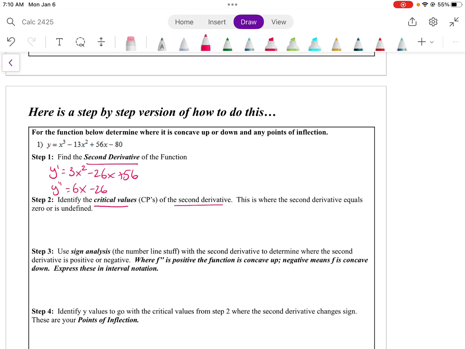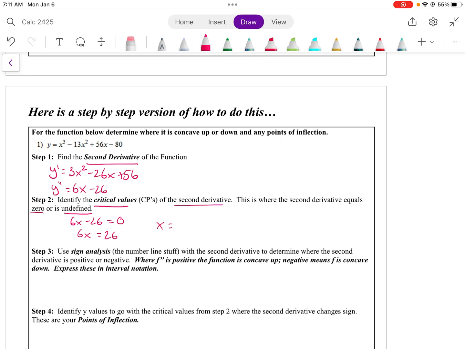We're going to find the critical points of the second derivative. Critical points, remember, are where the function is 0 or where it is undefined. And by that I mean where the second derivative is 0 or undefined. So this is 6x minus 26. It's never undefined, but we can set that equal to 0 in order to solve.